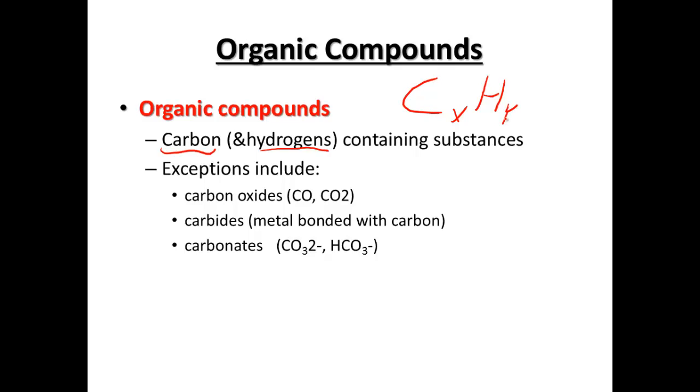Oxygen a lot of times, or nitrogen, will be a couple of the other substances you occasionally see, but we're going to focus on carbon and hydrogen. Exceptions include carboxyls, so carbon and oxygen, and carbides, carbon bonded to metals. And then carbonates are the other exception to this rule.